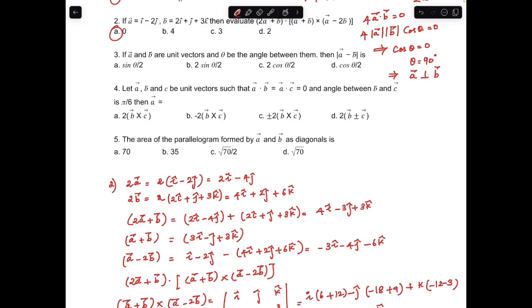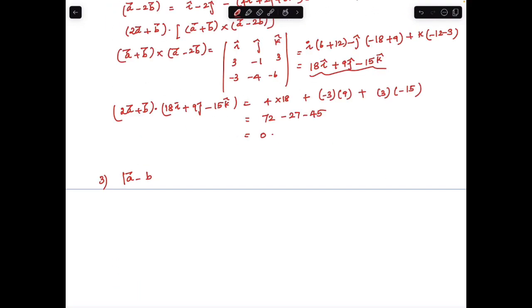then magnitude of A vector minus B vector. Given that magnitude of A vector is equal to 1 and magnitude of B vector is equal to 1, because those two are unit vectors. Let's square this.